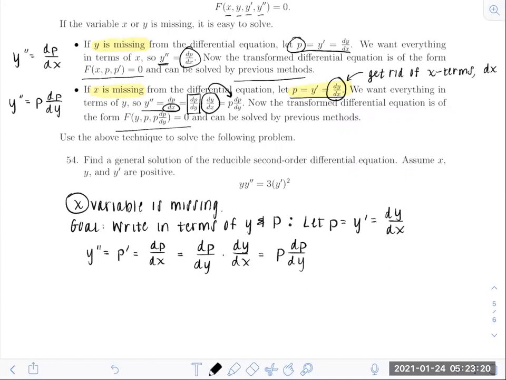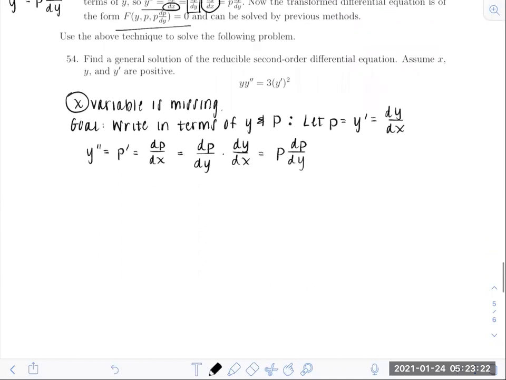Now what we're going to do is replace everything in the differential equation with what we've just stated. y itself is fine, so we'll leave that. We don't want y double prime, so that is p dp dy. And on the right-hand side, we have 3 times p squared. So you'll notice that we've now reduced this to a first order differential equation where p prime, or dp dy, is the only derivative involved.